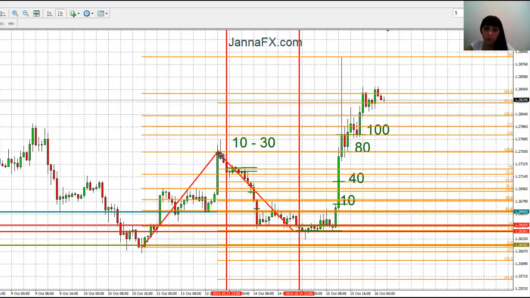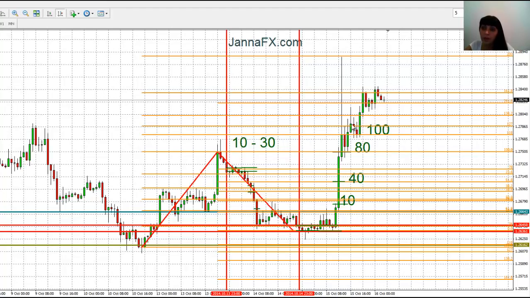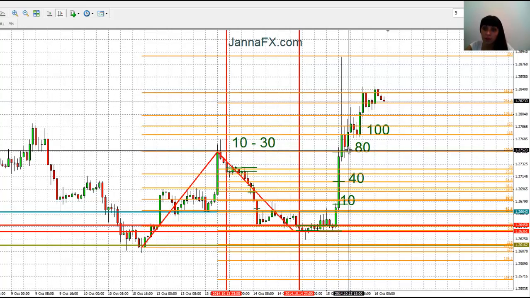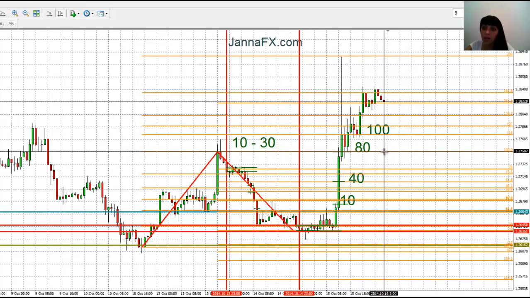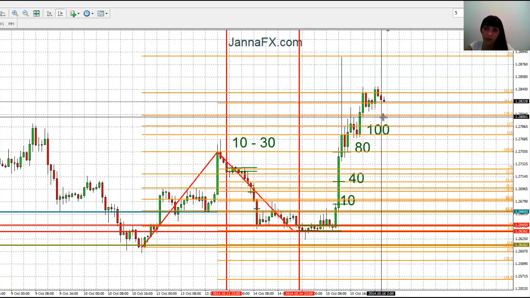So that's why I would draw the other Fibonacci lines again from the previous move up, which I was showing to you earlier. I would say probably here, when it was around 100, I would think that next it should move up to 138.